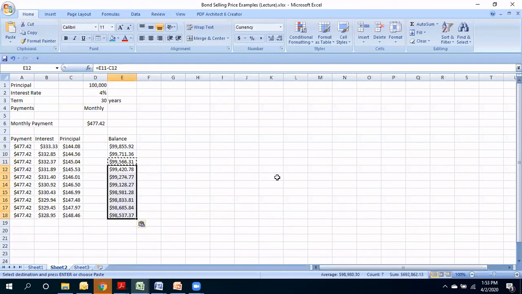What I'm going to see is that at the end of, what do I got there, 1, 2, 3, 4, 5, 6, 7, 8, 9, at the end of 10 months, the remaining balance on my loan is $98,537.37. So I have a long way to go to pay it off.